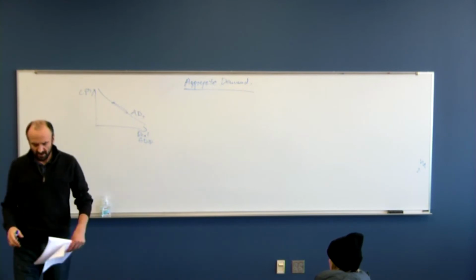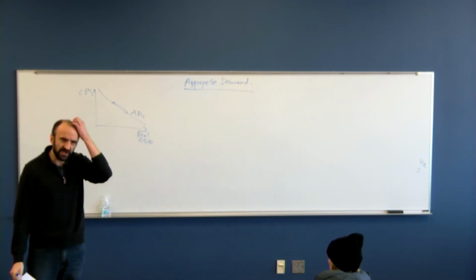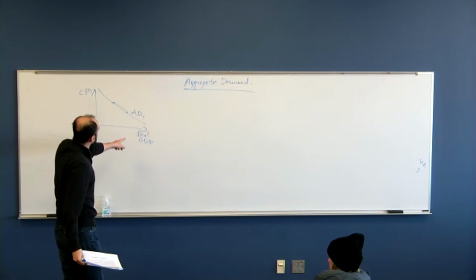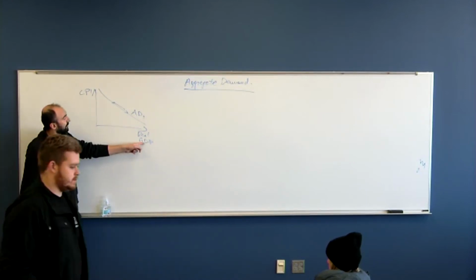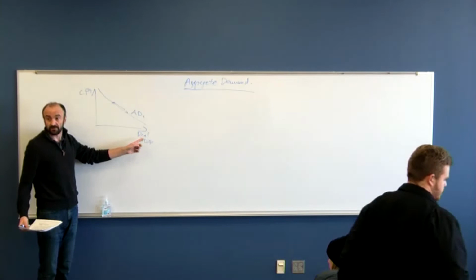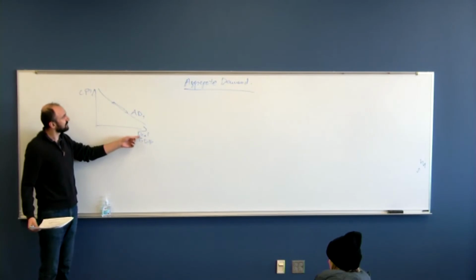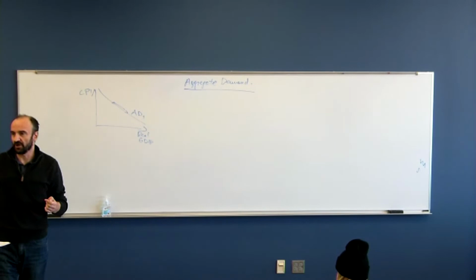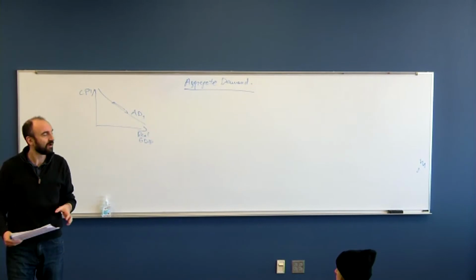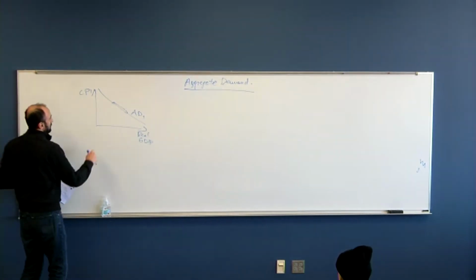In other words, what are the reasons for the changes in quantity of goods and services, real GDP? The reasons for the changes in the quantity demanded as a function of the price level changes, how the quantity demanded reacts.